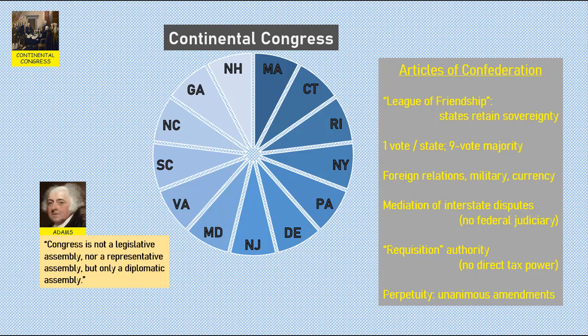Now we're going to see the other side of the spectrum. John Adams is very nervous about the radicalism, the democratic radicalism of these state constitutions, and he's going to start cautioning about the limits of democratic freedom, and that's why we need bicameral legislatures. So we'll turn to that next in Module 9.